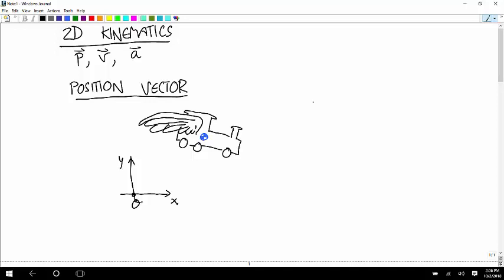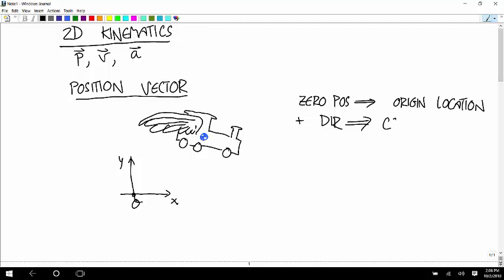And so the zero position now is the origin location. The positive direction in one dimension now translates into the coordinate system axis directions, how the coordinate system is oriented.